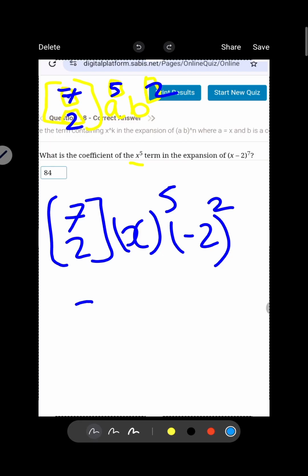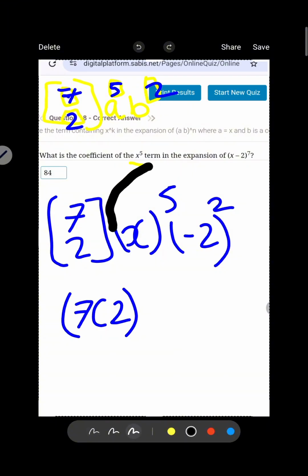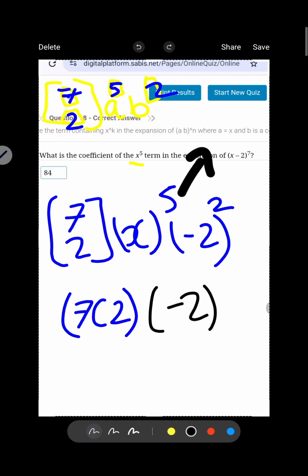Okay. Now C is 7C2. Don't forget to put in a bracket. You make the x to the power of 5, remove it out of the way. Put it out, and then -2 squared. 7C2 is basically 7 combination 2.